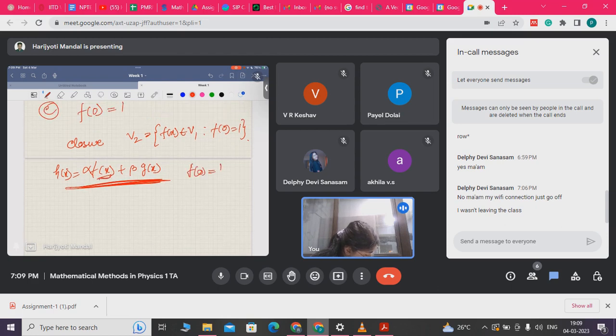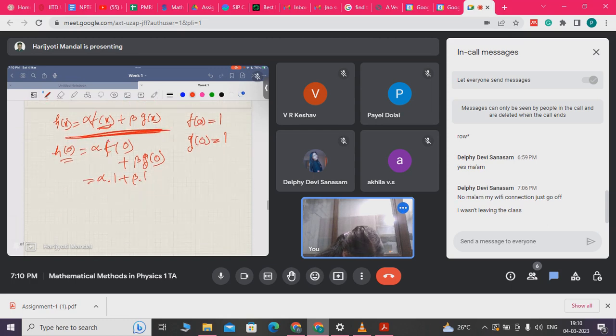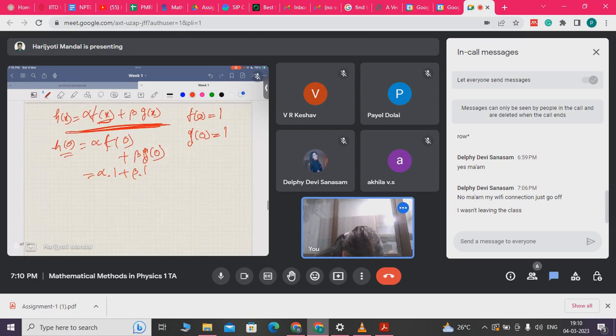Right, it will satisfy. Okay, alpha of f(x) plus beta of g(x). If f(x) has f(0) equal to 1, similarly g(0) is equal to 1, so let us assume h(0) will be alpha into f(0) plus beta into g(0), it is alpha into 1 plus beta into 1.